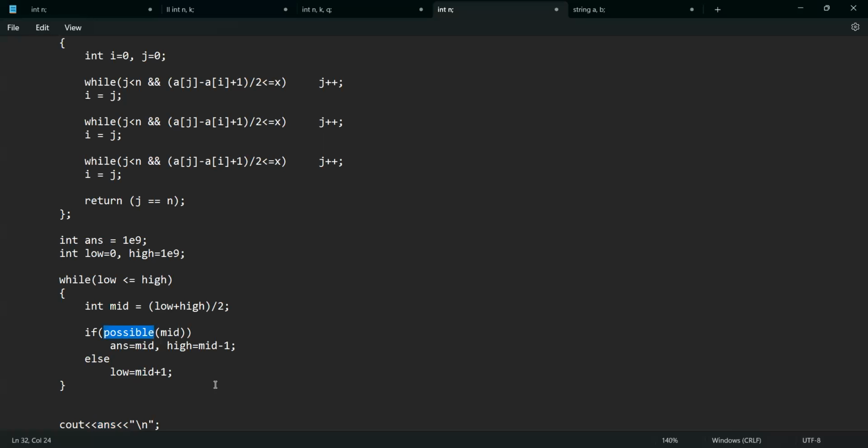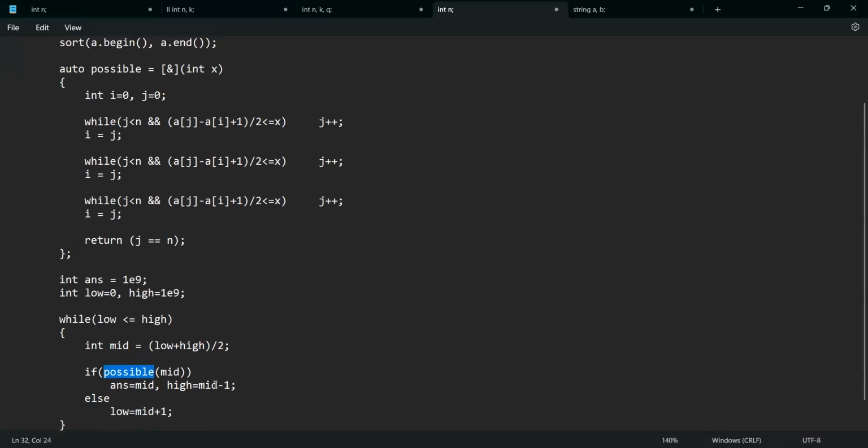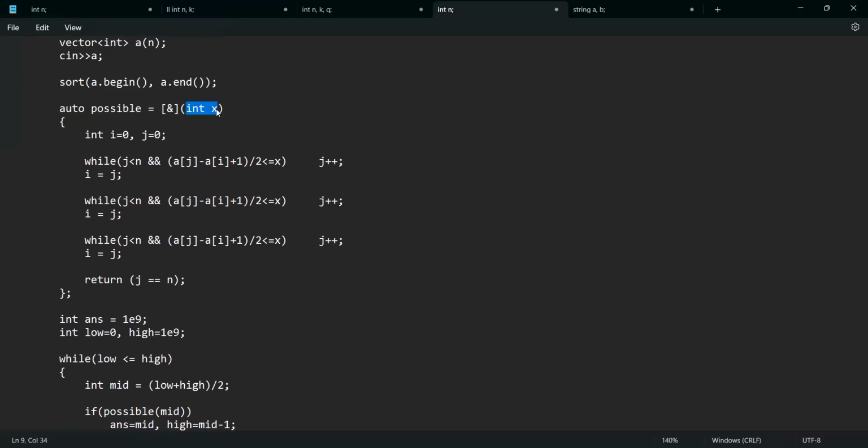So now what's happening in this possible function? Suppose I got x, I have to check whether the difference x is possible or not. So I is initially 0. This is for the first person. For the first person, I'm checking whether a of j minus a of I plus 1 by 2, which is basically the difference, is less than or equal to x.